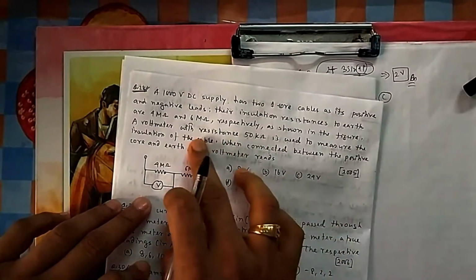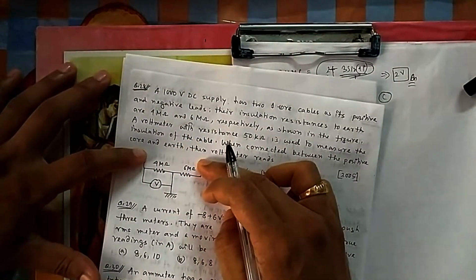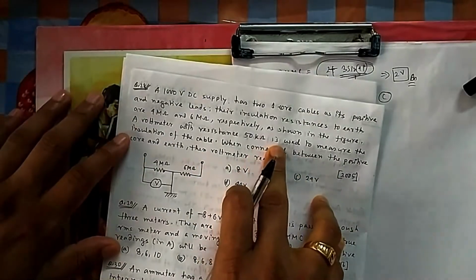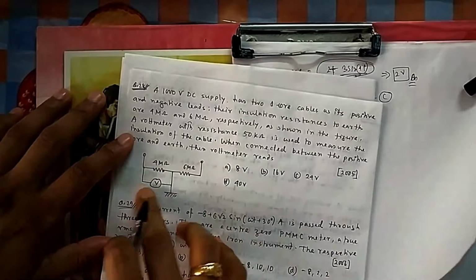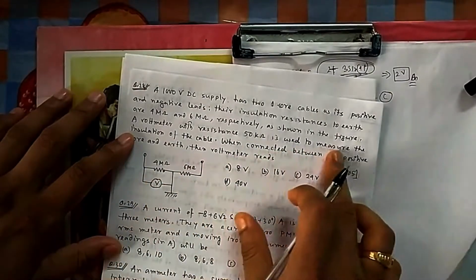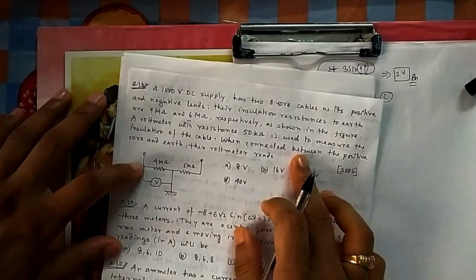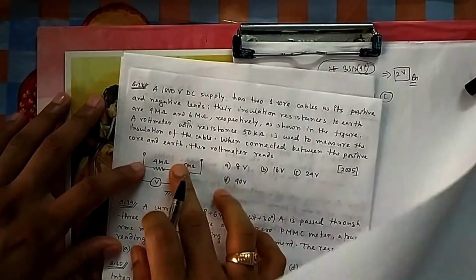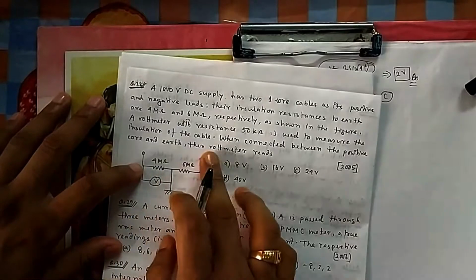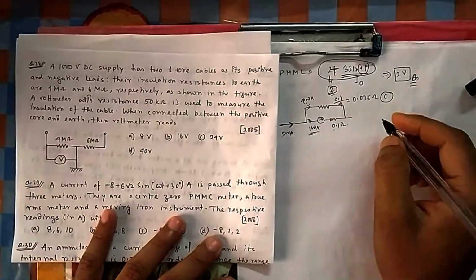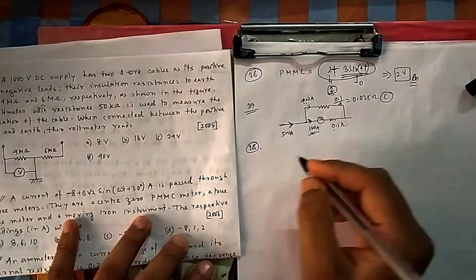So from here to here you are connecting 1000 volt. That is the 1000 volt DC. A voltmeter of resistance 50 kilo ohm is used to measure the insulation of the cable. When connected between the positive and earth, how much will the voltmeter read?